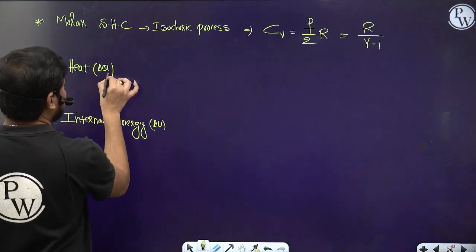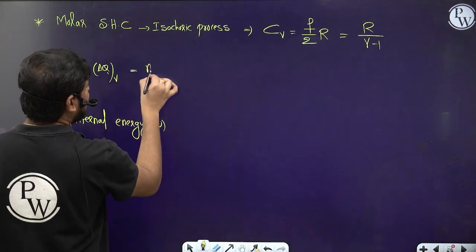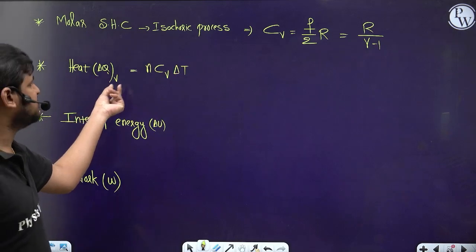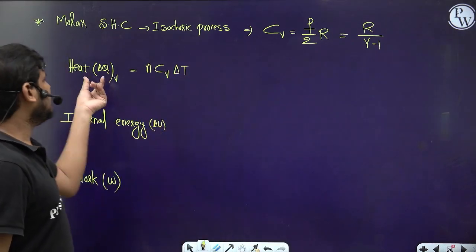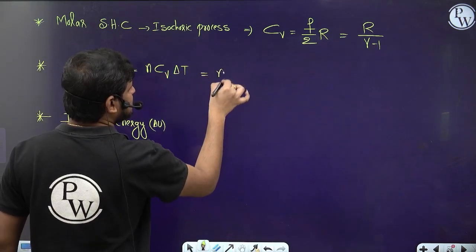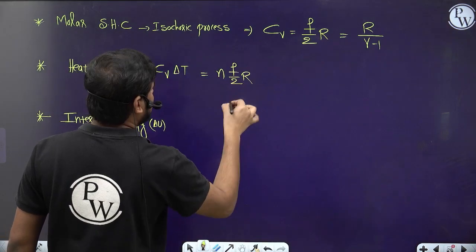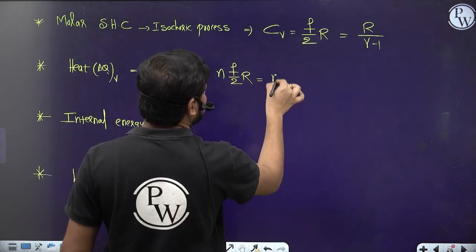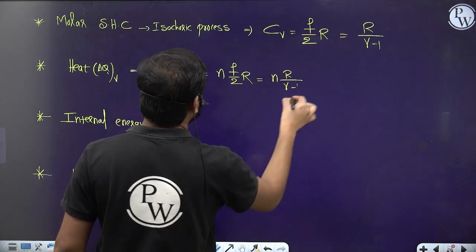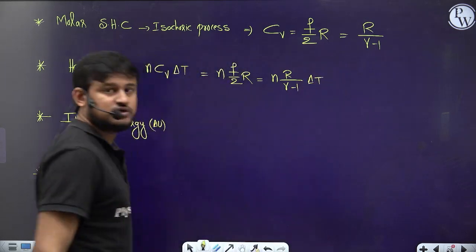The heat at constant volume delta QV is equal to n CV delta T, whereas heat at constant pressure is QP, which is n CP delta T. So n into CV, which is either F by 2 R or R by gamma minus 1, into delta T.